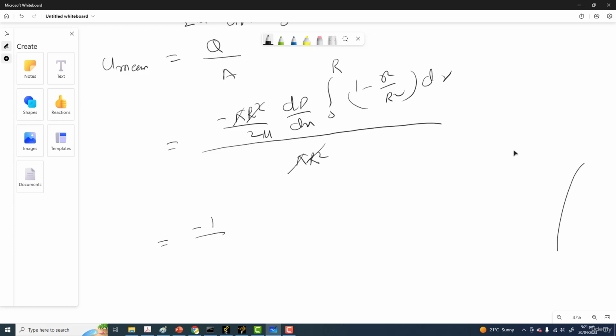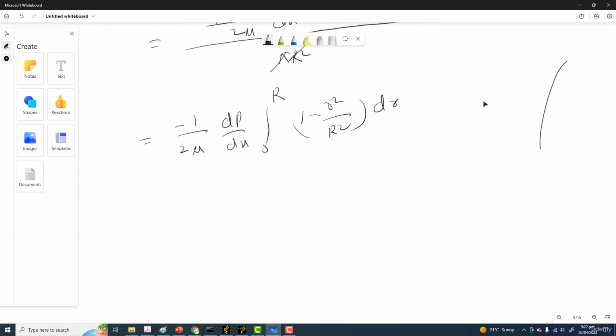minus 1 upon 2 mu dp by dx and integration from 0 to R of (1 minus r square upon R square) dr. Okay, now just apply integration. So we get that this is equal to minus 1 upon 2 mu dp by dx, r minus r cube upon R square and also 3.